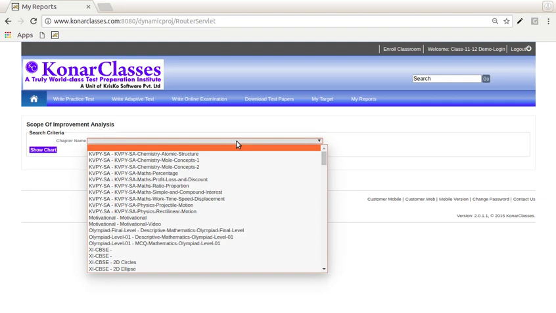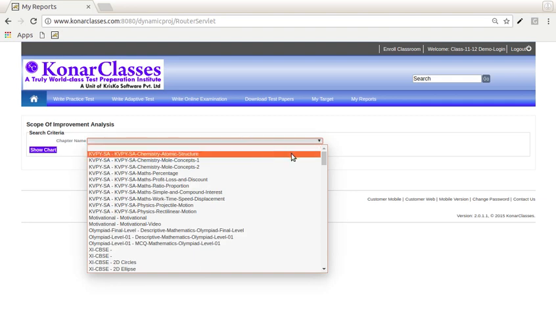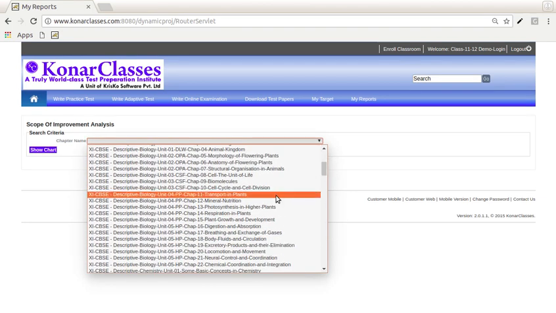Now let me give you a background about this Scope of Improvement Analysis report. As time goes by, as you appear for all these types of tests like DPPs, UTs, MDTs, MTs, PTs and ATs, meaning daily practice problem, unit test, module test, mock test, practice test, adaptive test, the results of these tests are captured into the computer software system on the online test platform.